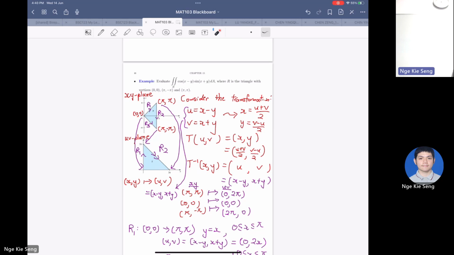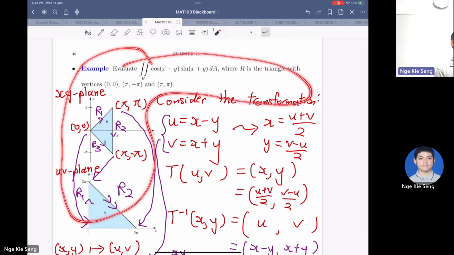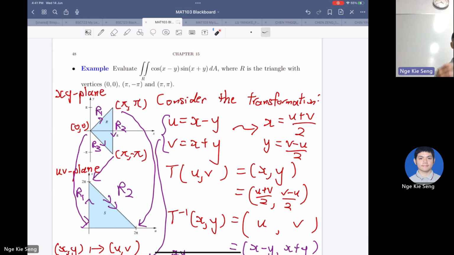Okay, so first of all, do you all know what we are going to do? What are we trying to do here? We are trying to use some transformation and then change this integral to something that's easier to compute. Right?